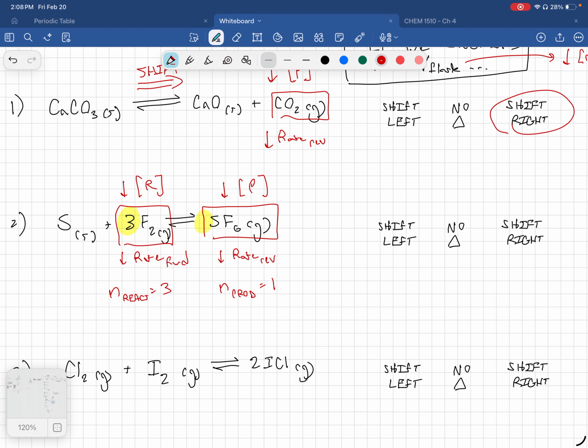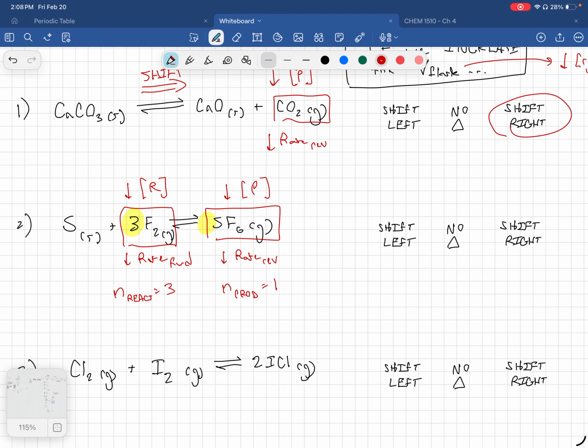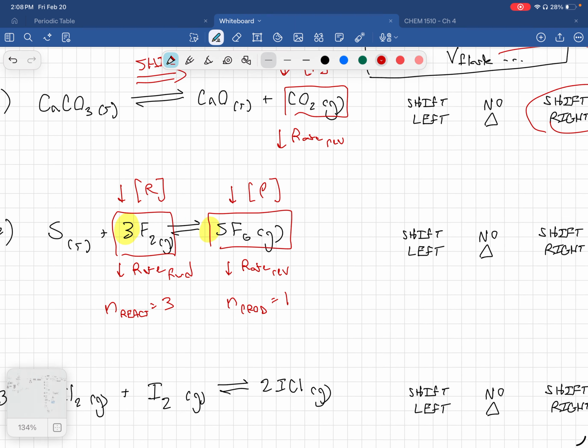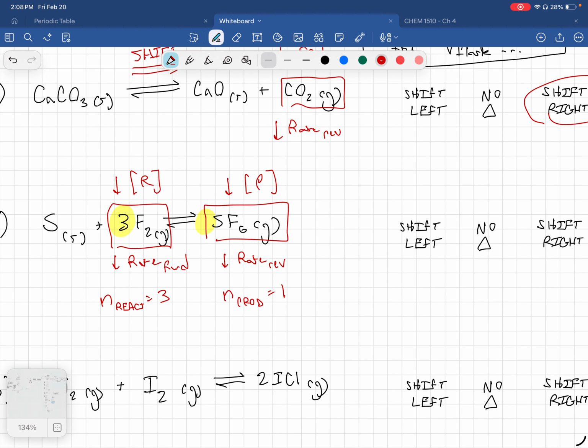Note we're ignoring the sulfur because it's not a gas, so it's not going to be affected by changing the volume of the container. So what this means is by decreasing the rate on both sides, one of these is going to be affected more than the other.